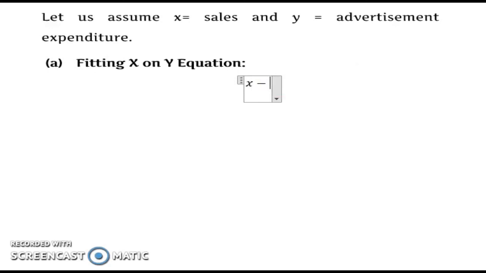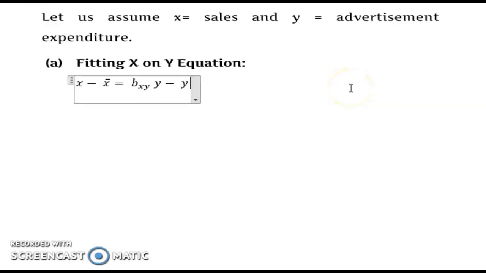So x minus x bar is equal to b of xy into y minus y bar. So this is our x on y equation under the arithmetic mean method.